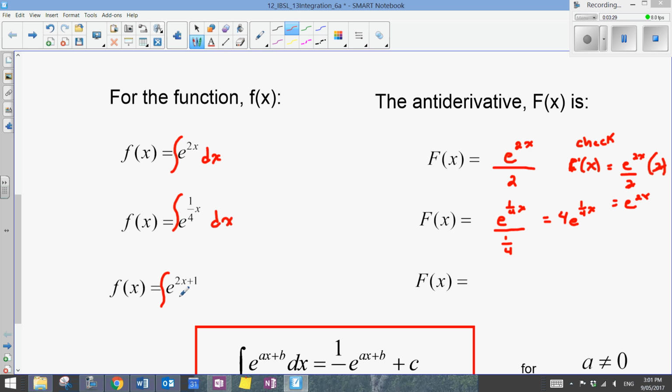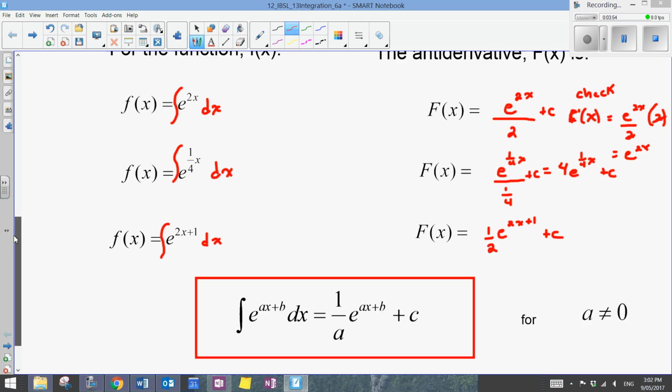And then the same for our last function, with respect to x, we wind up with e to the 2x plus 1, and we divide by the derivative of the exponent, so we'll wind up multiplying by 1/2. Now remember, all of these are open integrals, so of course we would add on a possible constant, so we'd have this plus c in all of our final answers, just to account for any constant that might have gone to 0 when we took the derivative.